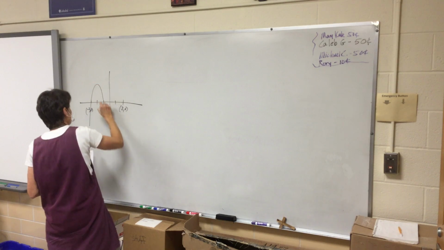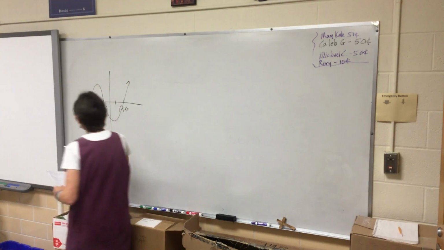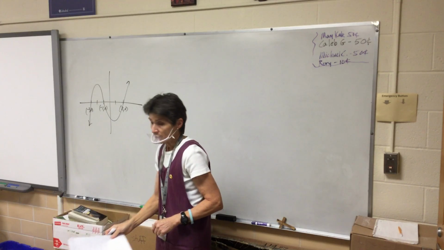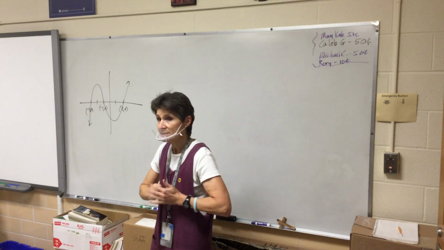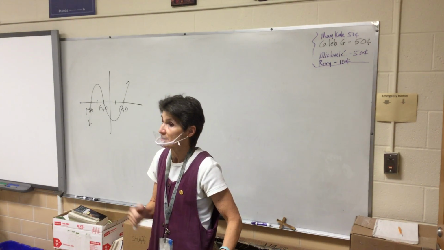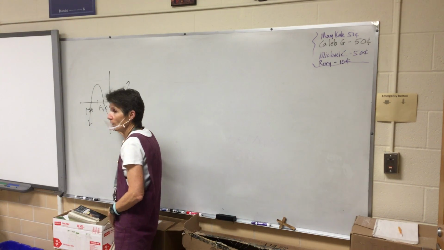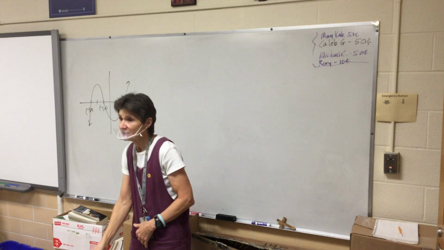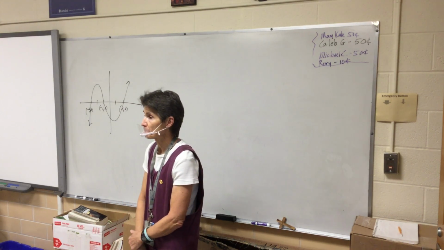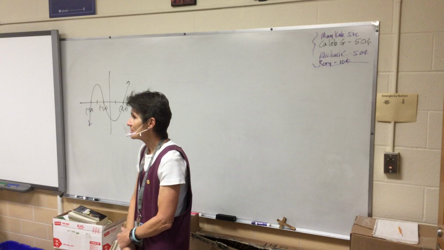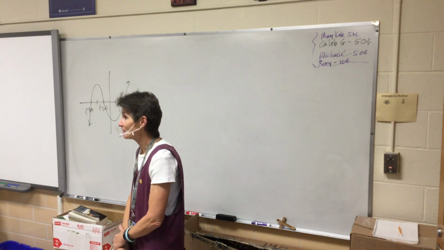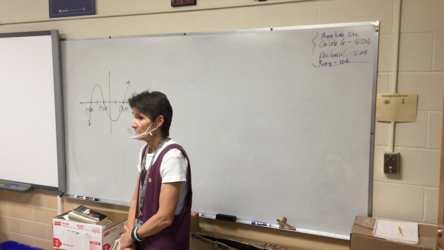And it looks something like this. Notice it crosses the x-axis, or it has zeros at -3, -1, and 2. Is that significant in terms of the equation? Oh yeah, right? The zeros are coming straight from the factors of the problem.